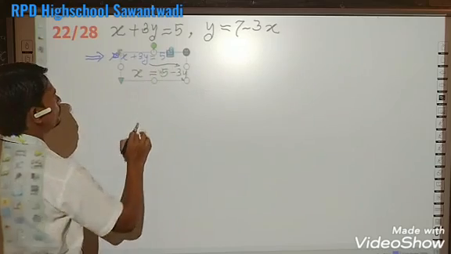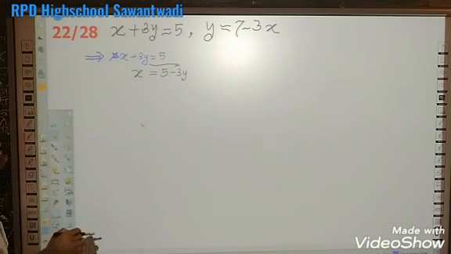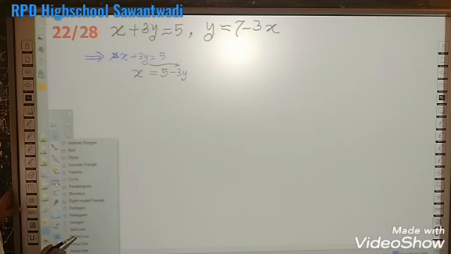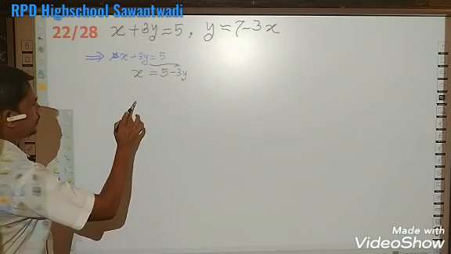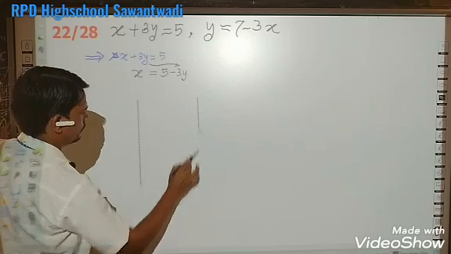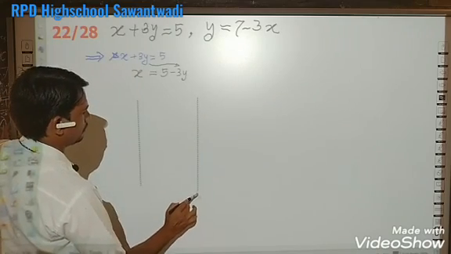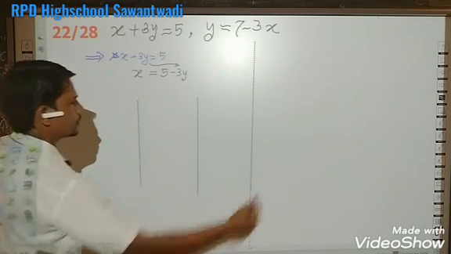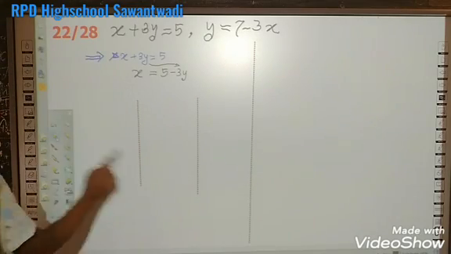This is the first equation, and the way I told you, let us select 3 values here. First value, second value, and third value. Second equation, we will think over that side.